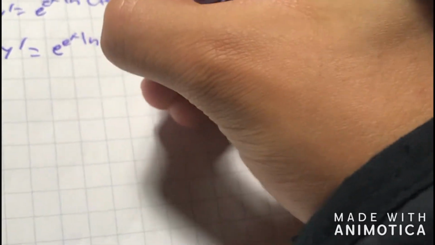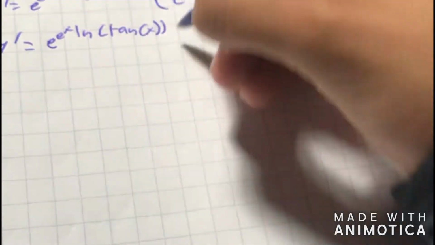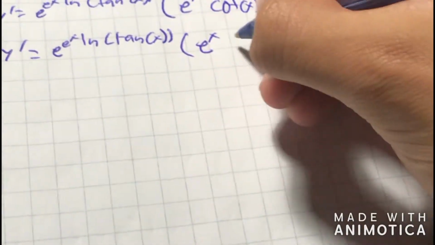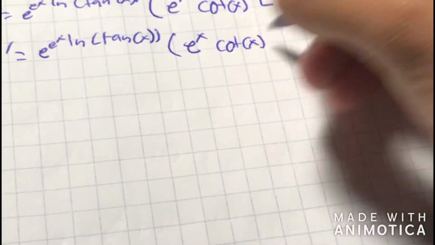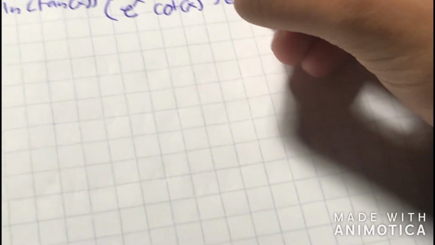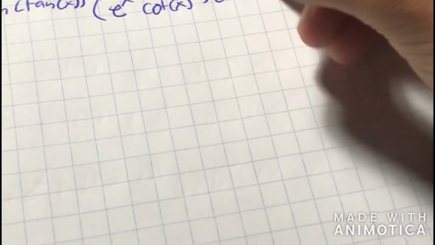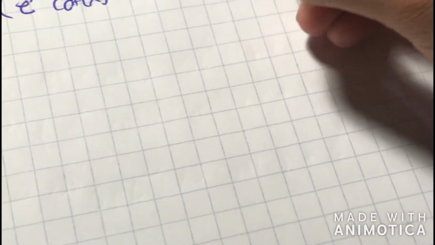Okay, so we're gonna have it like this. Ln stays the same as always. Then the ex cot x, and this changes sec squared times x plus ln times tan x e to the x.